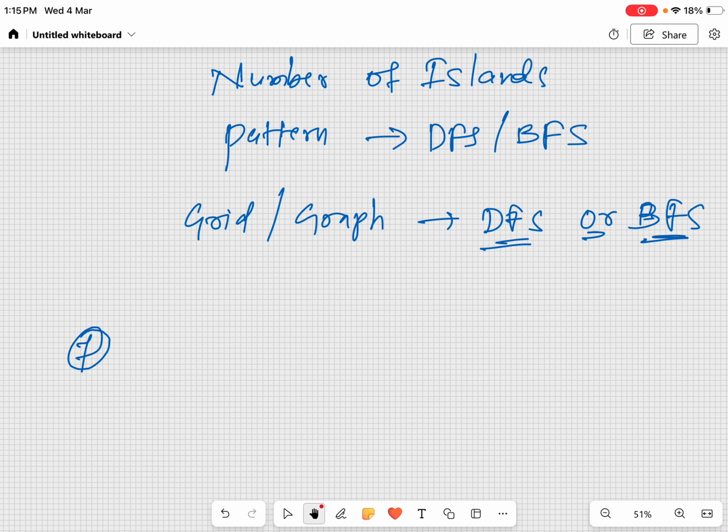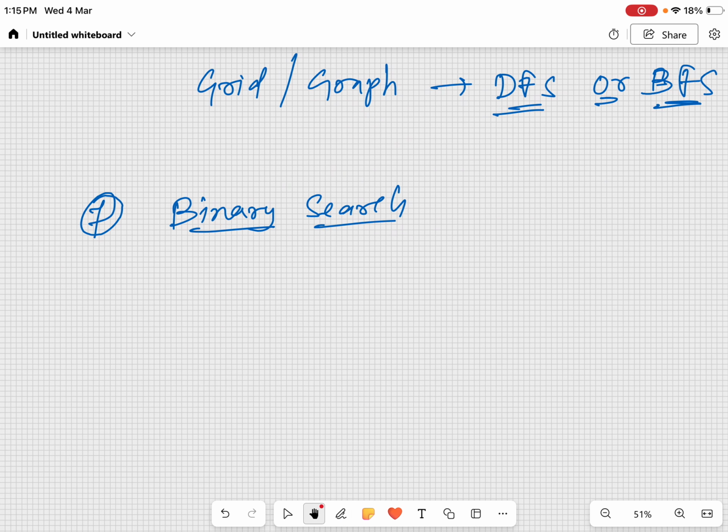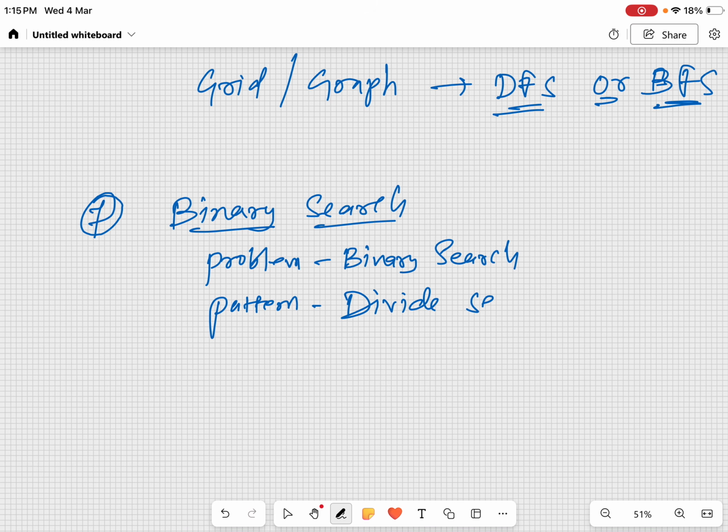Next we can see the binary search pattern. In the binary search problem, we usually use the pattern called divide search space. Correct. So our problem is binary search and the pattern would be divide search space.